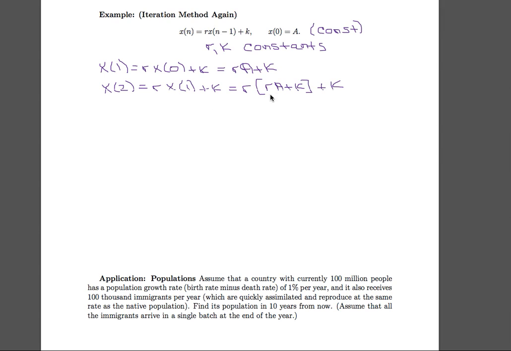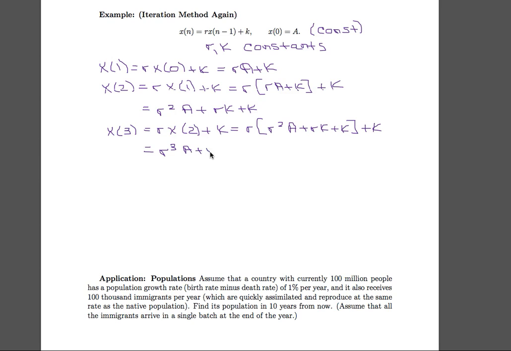Because I'm just subbing out x1 for RA plus K. So that gives me R squared A plus RK plus K. X of 3 is R times x of 2 plus K. So that's R times, subbing out x of 2 for its expanded expression, R squared A plus RK plus K. Close that off and tack on that K. Gives us R cubed A plus R squared K plus RK plus K.